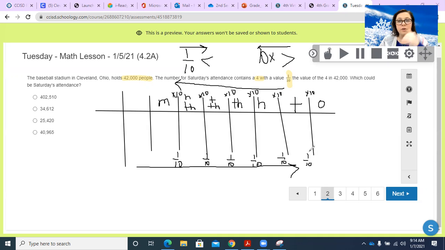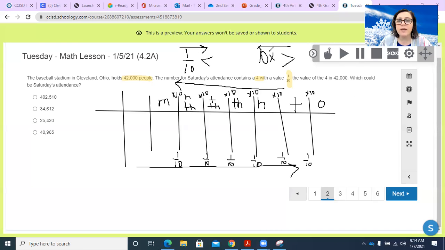So if you can remember that 1/10 means one place to the right, and 10 times means one place to the left, then that's really all you have to remember.